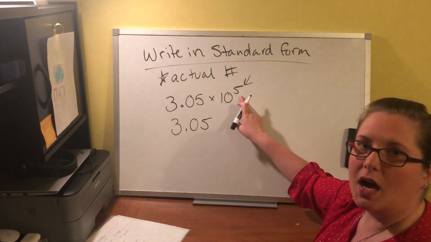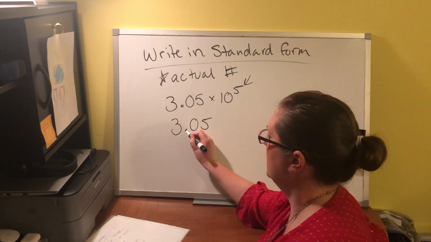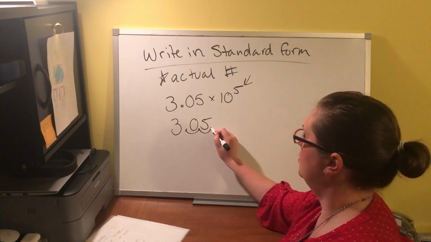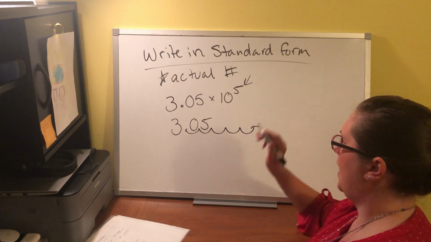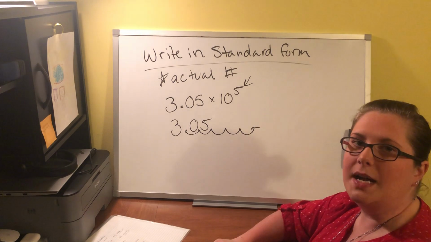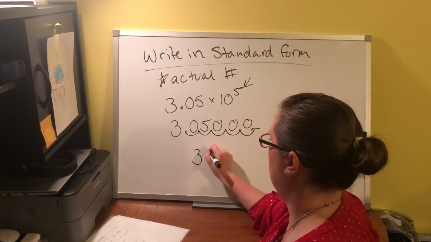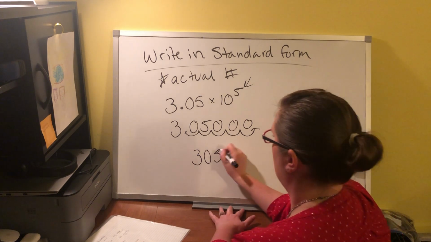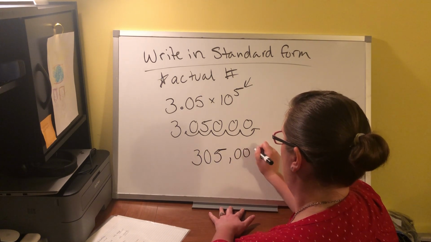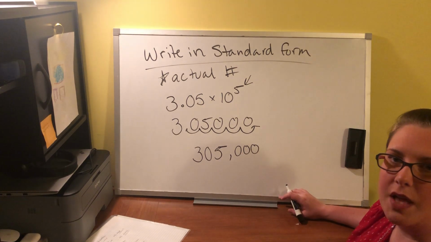It's a positive 5, so that means you're moving it to the right 5 times. So I got my decimal and I'm going to move to the right. 1, 2, 3, 4, 5. Okay? Now I have these blank spots here. I need to add in zeros. So 1, 2, 3. So 305,000 is our answer for that problem.